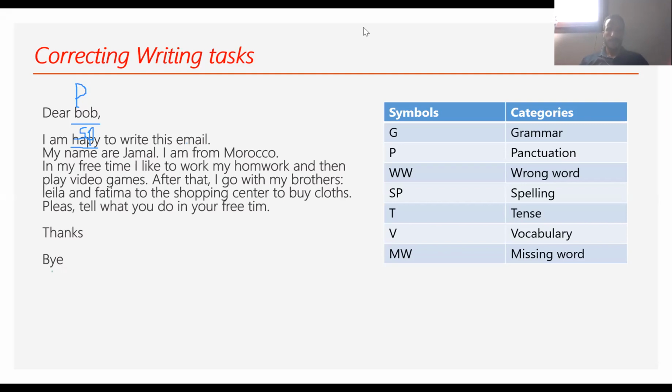So I'm going to underline again, 'are'. I'm going to underline R and write G. Yeah, it's G. Good. I'm from Morocco.